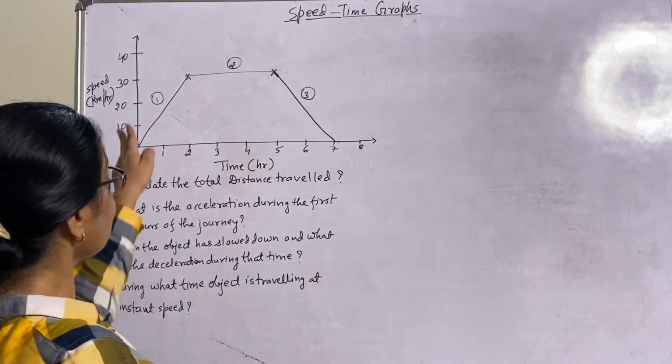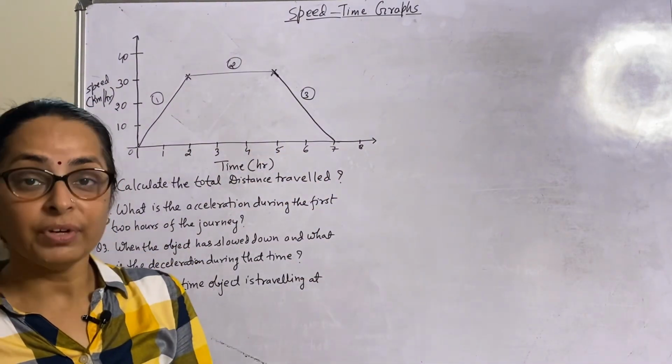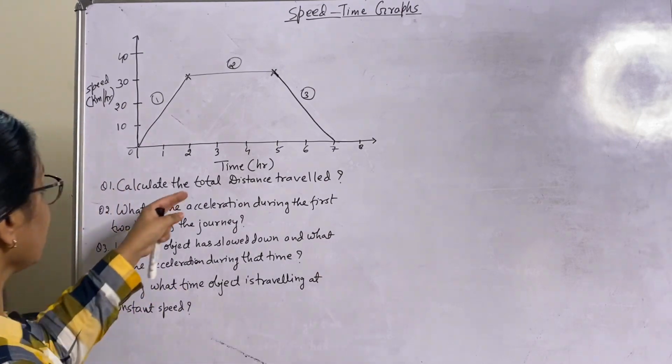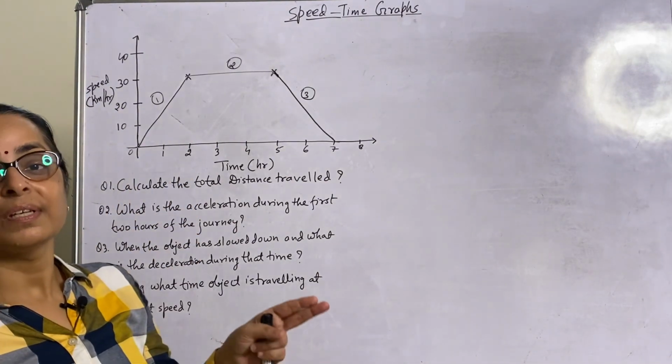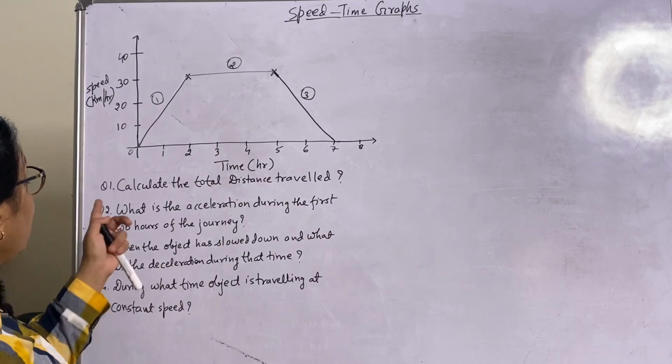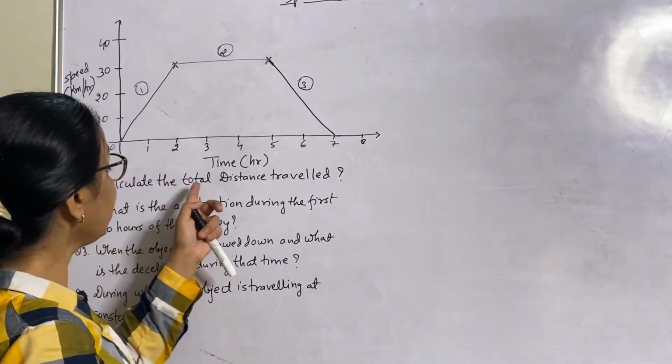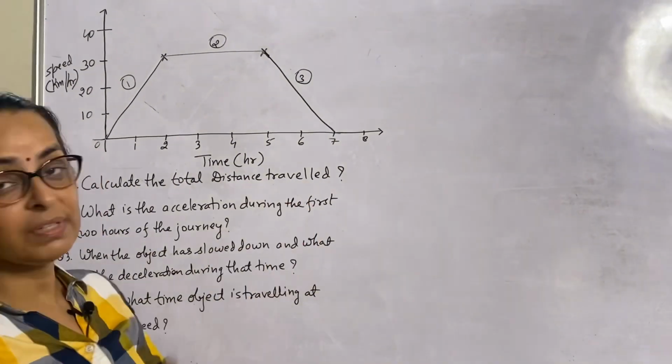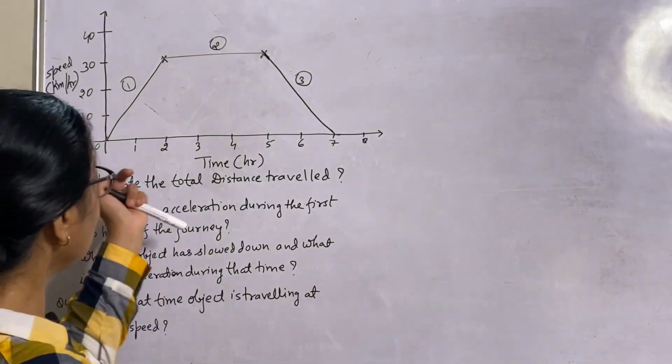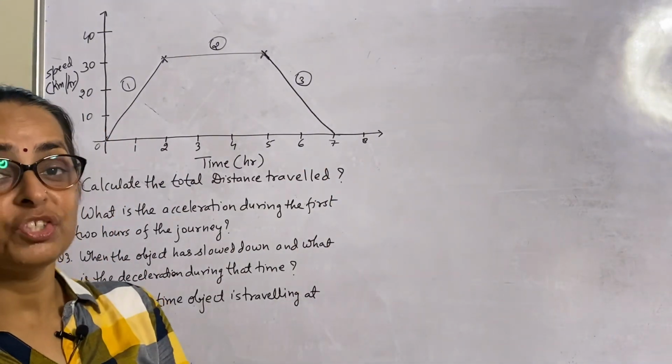Clear? So this is the way we will read the graph. Now these are the types of questions which are asked. The very first question is, calculate the total distance travelled by this object during this 7-hour journey.